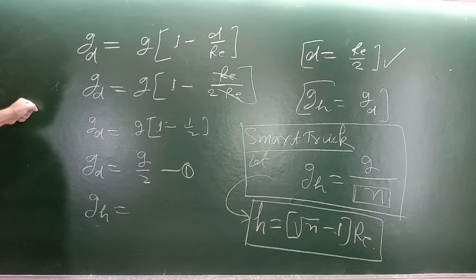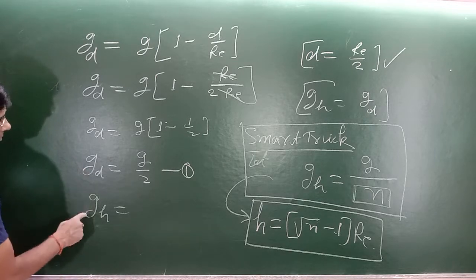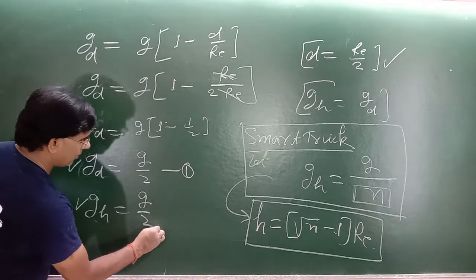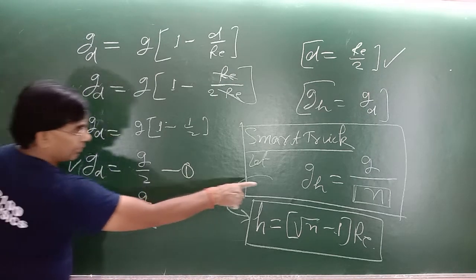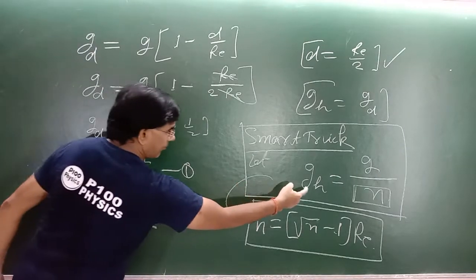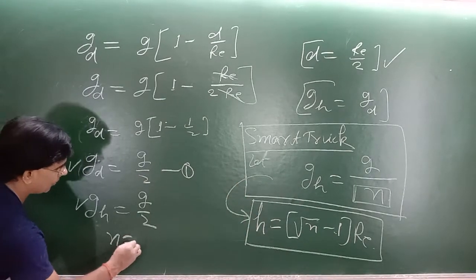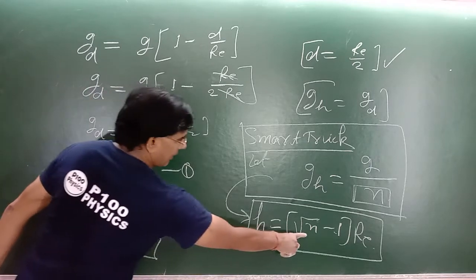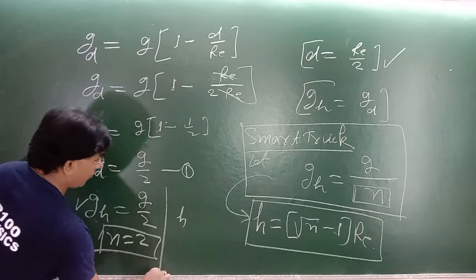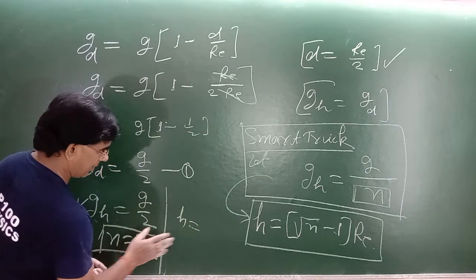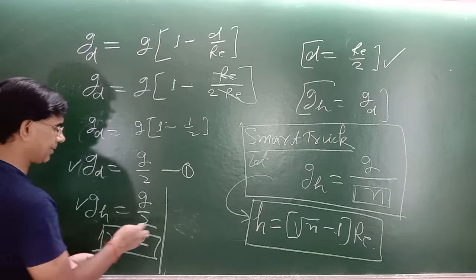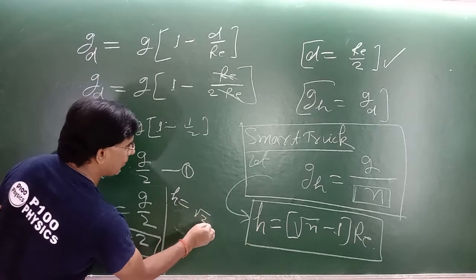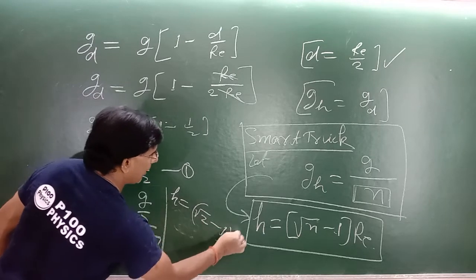In your question, since both are the same, gh equal to g upon 2. Comparing this equation, n equal to 2. Putting the value of n, what is the final answer? h equal to root 2 minus 1 into Re.